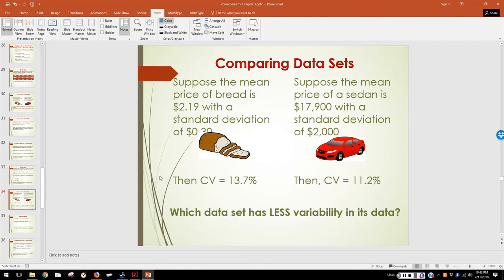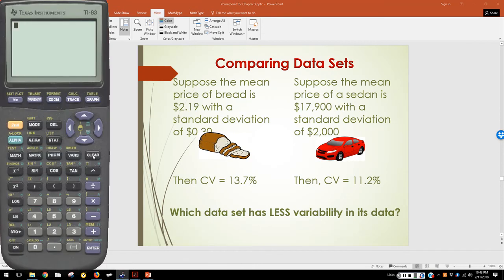If we look at the same example here, with the price of the bread and the car, notice that the standard deviation for the bread's price was 0.30 divided by 2.19 times 100.